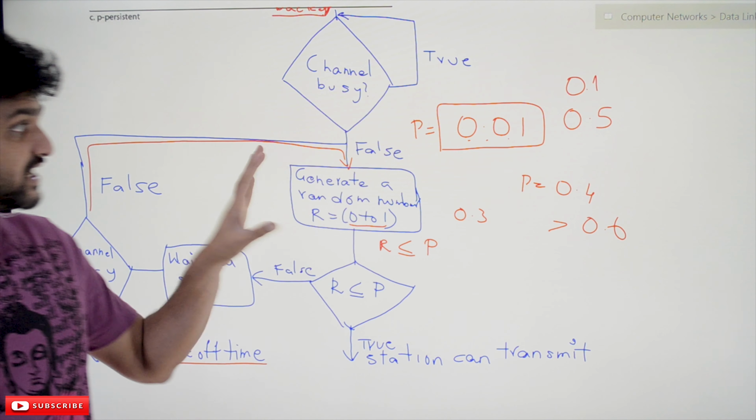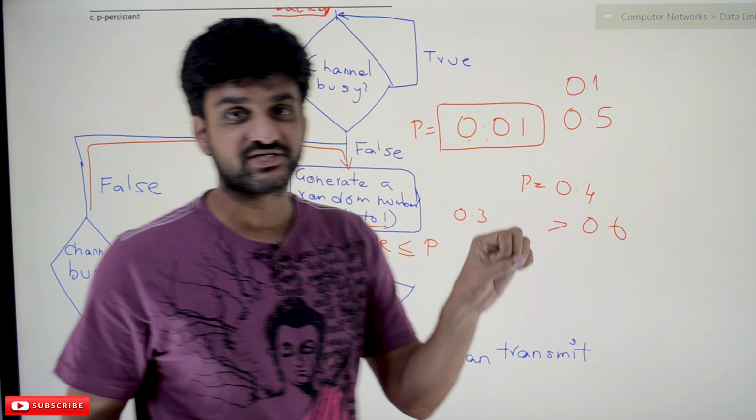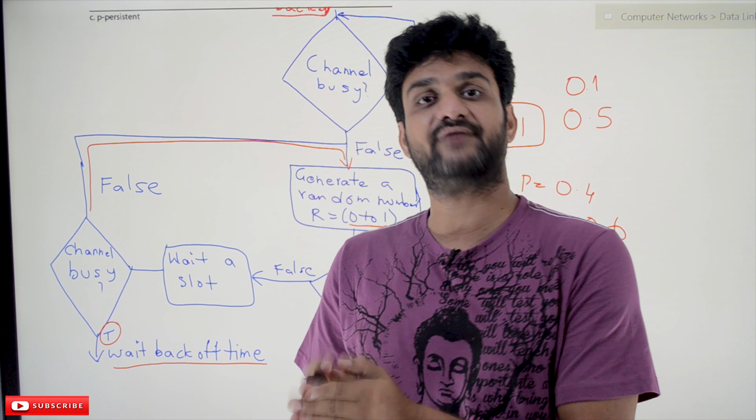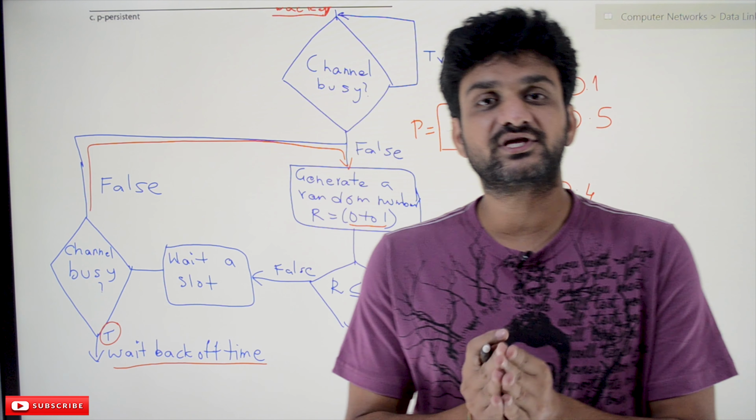So this is the advantage. This is how P-persistence works, and these are the different persistence methods that we have in CSMA. Hope you got clarity on this concept.